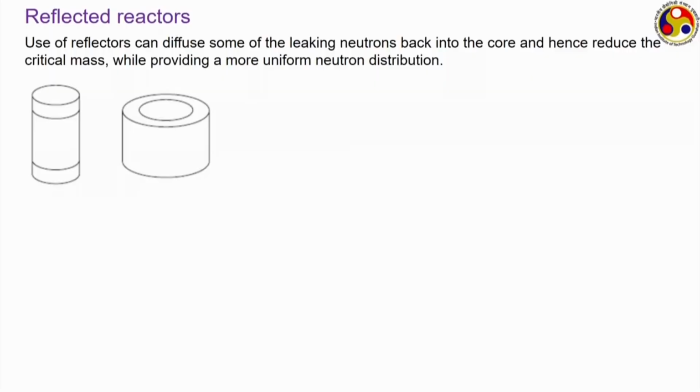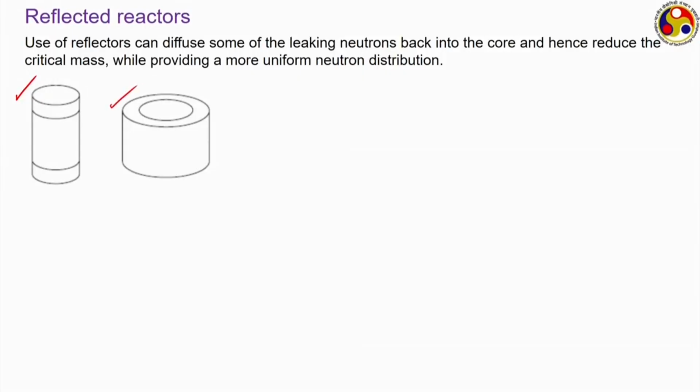So, typical reflectors can have both kinds of designs. It can have axial reflectors or radial reflectors. This is an axial reflector, where reflectors are used only at the inlet and outlet section of the channel, whereas this is a radial reflector, where the reflector is there all around.